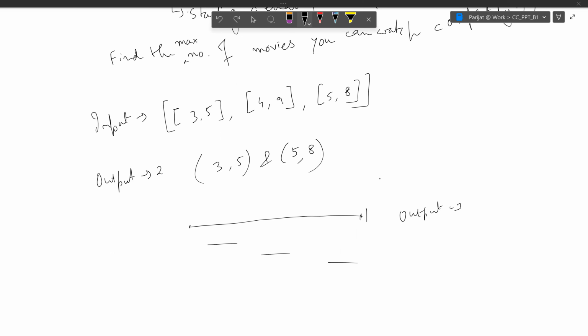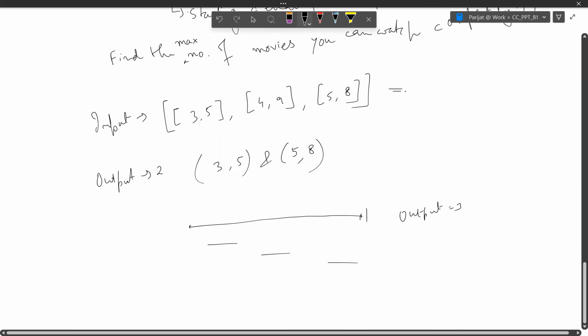Sir, we can firstly sort it according to time. Means we can take an array and find the difference between every movie, like 3, 5, 2, and 4, 9, 5, and sort it, and after that we will sort it according to start time.